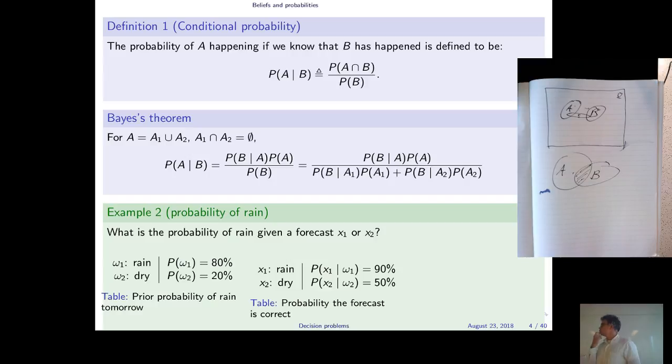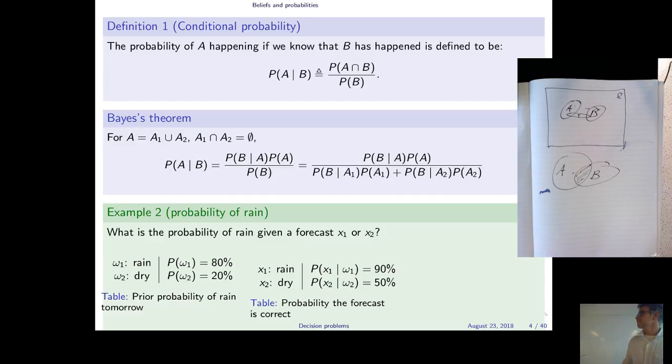What we would like to get now is, given that we have a forecast, let's say x1, it's going to rain, what is our belief that it's going to rain? So that will be the probability of omega 1 given x1. You can go through this calculation if you can, and I will try and help you along.